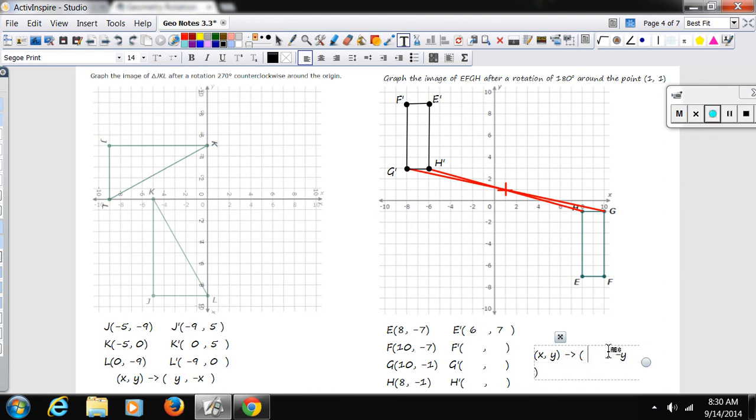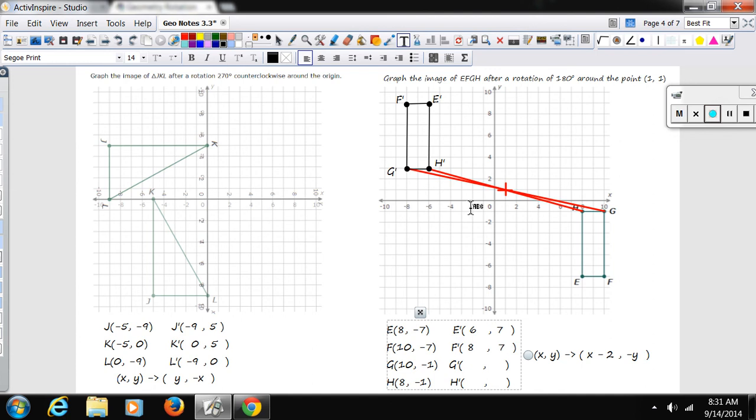So maybe we could put like x minus 2. Well, let's test that and see if it actually works. So x minus 2 and then negative y. So if we apply that, it should be 8 and 7. 8 and 7. So let's see if that's F prime.